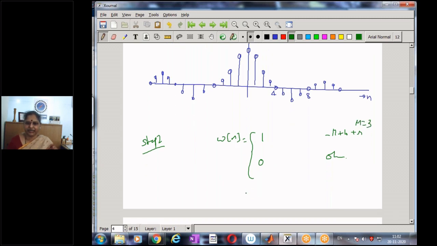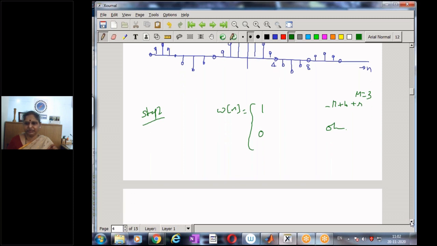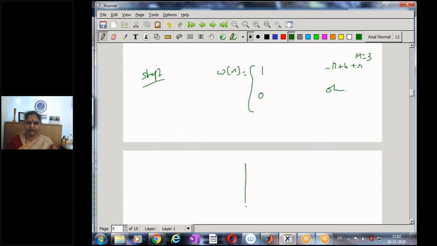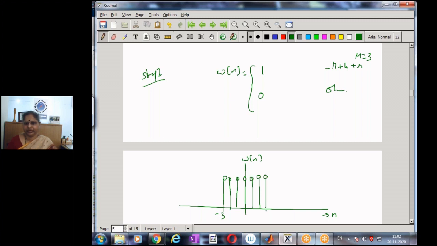Now let me sketch my window function w of n. This is going to be from minus 3 to plus 3, and it takes the magnitude of 1, and it is 0 otherwise.